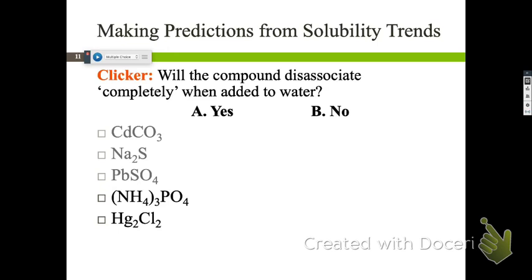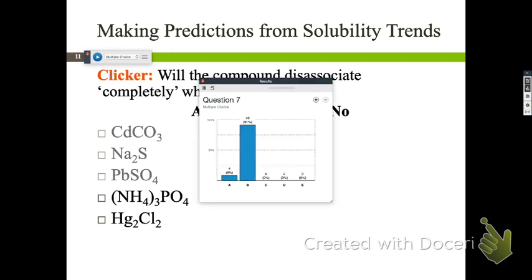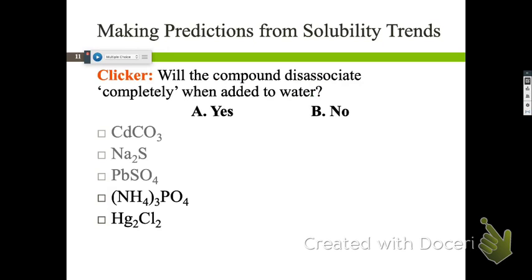So it's a very different cation. So if we look at that, you can see that that one is part of the black squares. If we look, it's right towards the top of it. And chloride is usually soluble, but there's a couple of exceptions, and mercury is one of those.